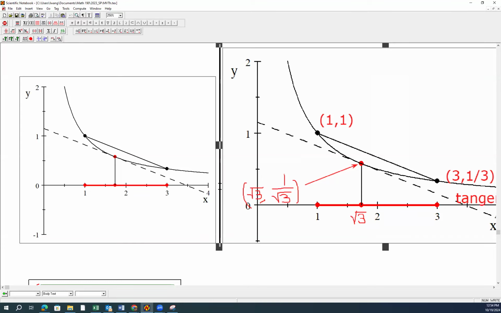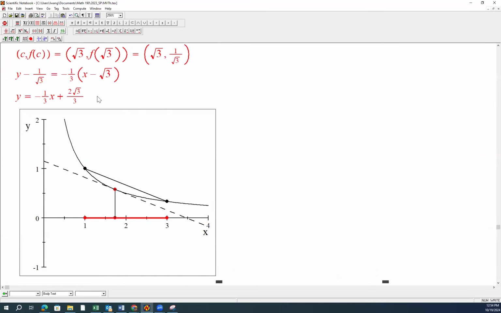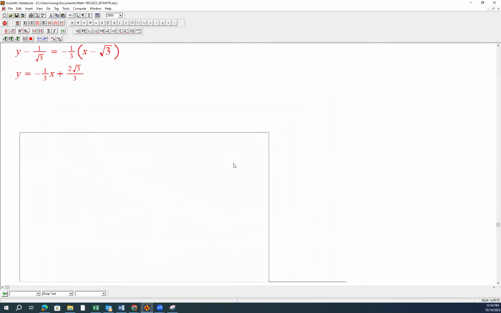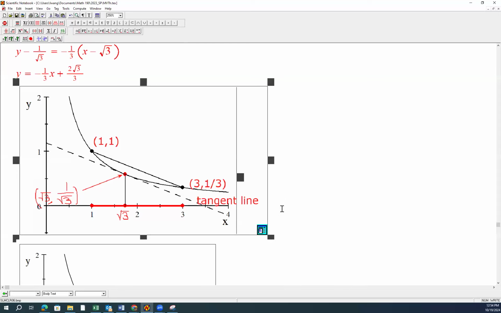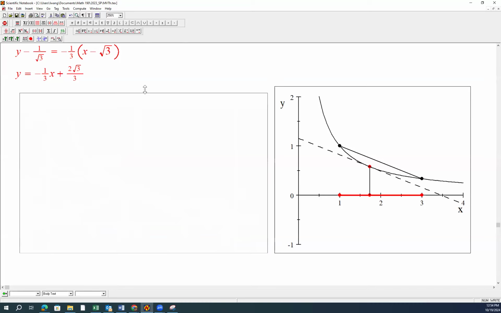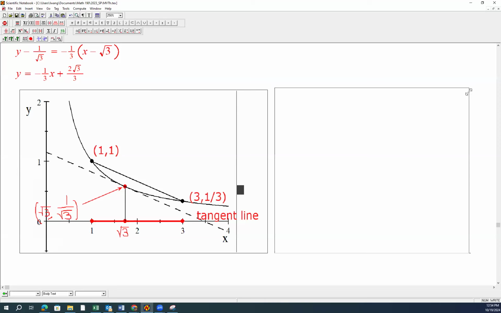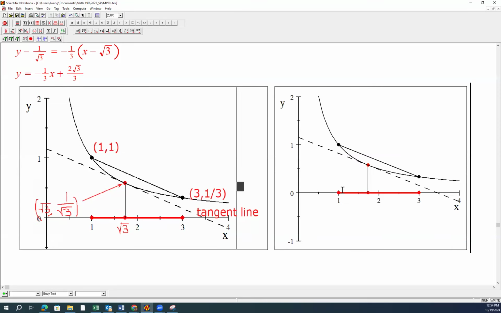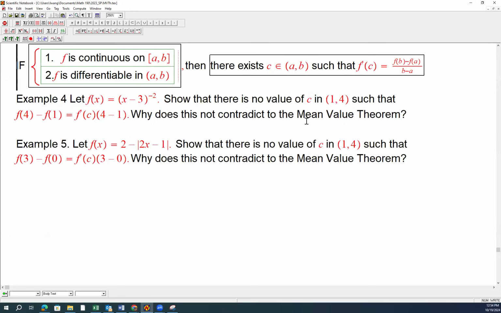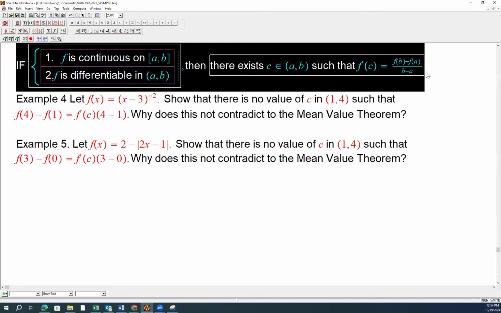Let me put this over here. This is a better illustration of the picture than the other one. So that was the application of the mean value theorem. We have 2 other questions in our plan, so we're going to work on the other 2.